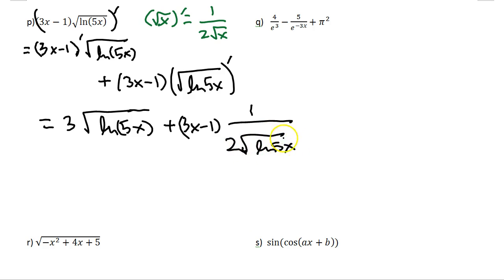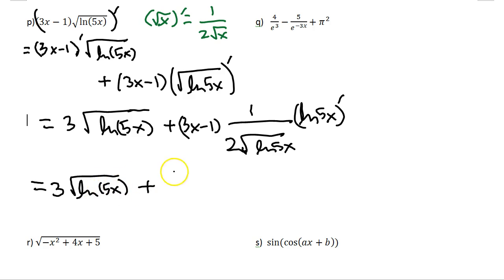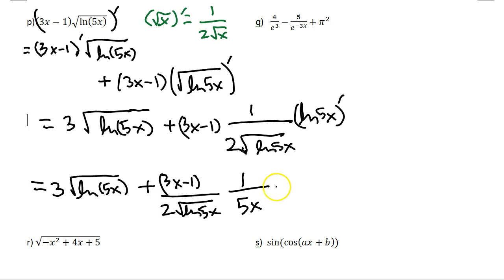But then since ln of 5x is nested inside, we have to pull that out and differentiate. And then you still see 5x inside as an inside function, so another chain rule is required. So when you differentiate this, it is 1 over 5x times the derivative of 5x, which is 5.